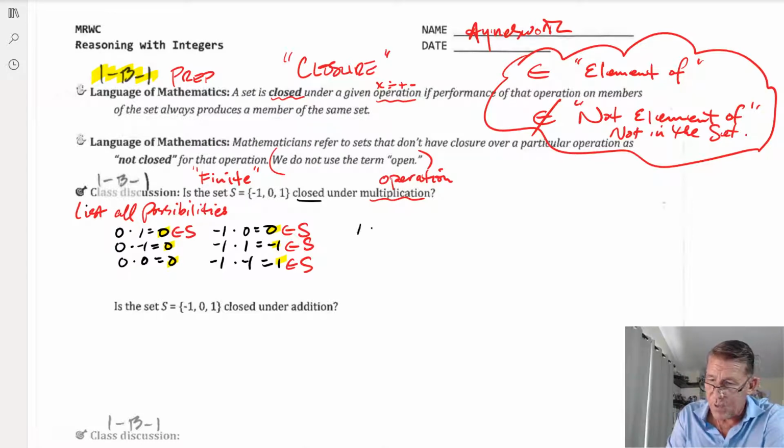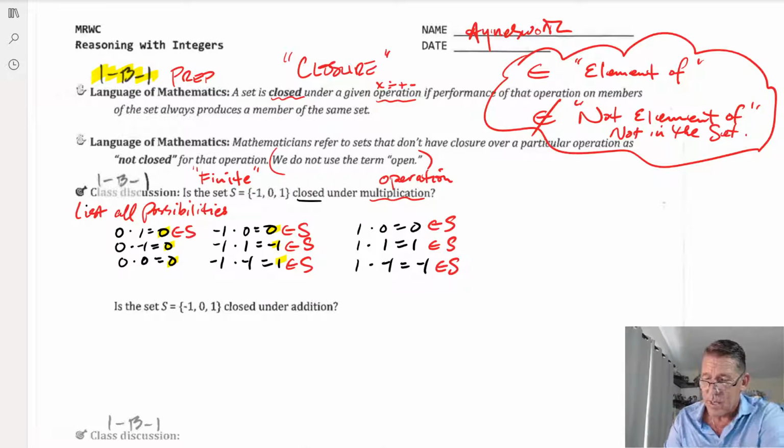So here we go. So 1 times all of these numbers. 1 times 0 is 0, that's in the set. 1 times 1 is 1, that's in the set. 1 times negative 1 is negative 1. So all of these results are in S. They're a part of S. They're an element in S is what I'm saying.